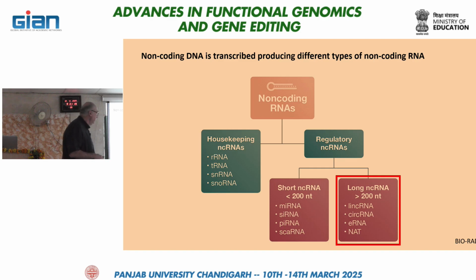We will discuss the mechanism of it today. And NAT means natural antisense RNA. Some non-coding RNAs are transcribed from the complementary strand in the same fragment in which a protein coding gene is encoded. I will explain examples in detail.